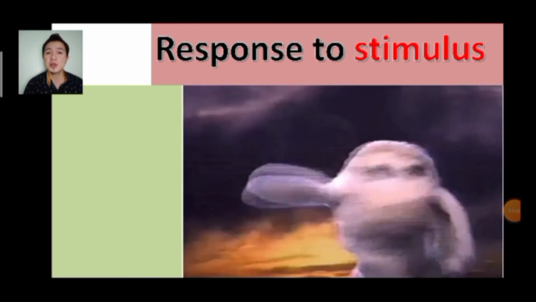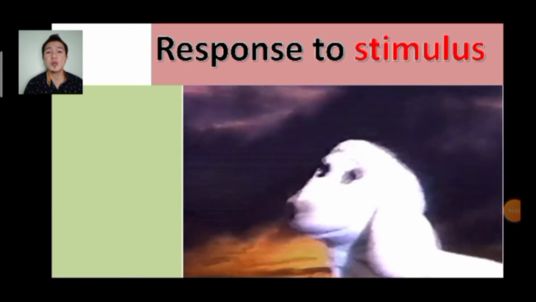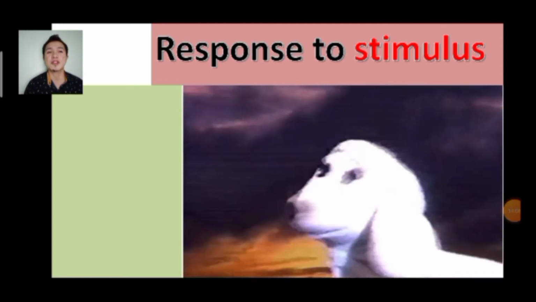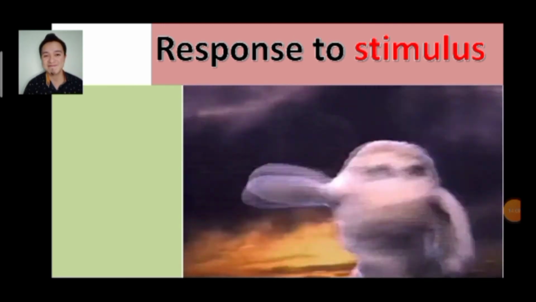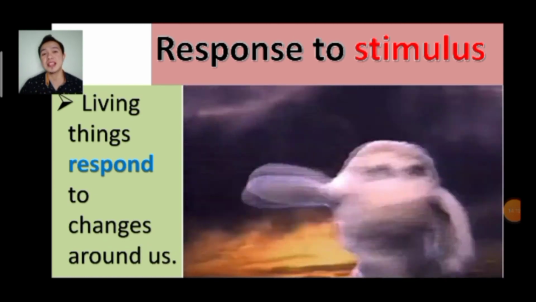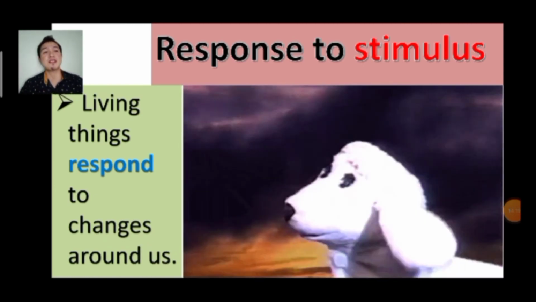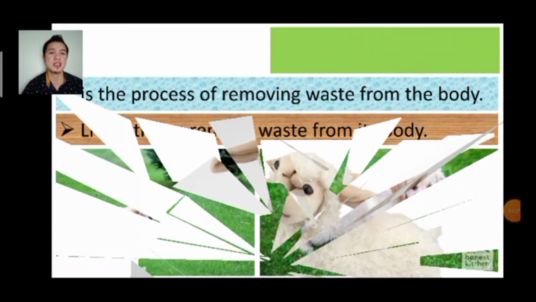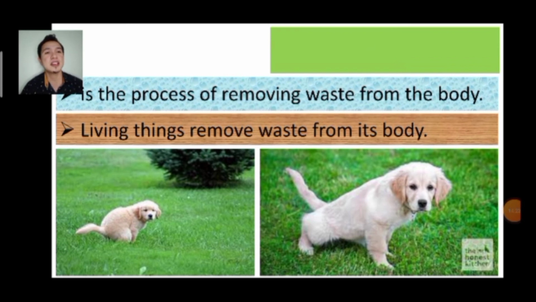If we feel so cold, we are going to wear a sweater or a jacket in order for us to be comfortable. Okay? Next one. Living things respond to changes around us. But non-living things don't. Remember that one.